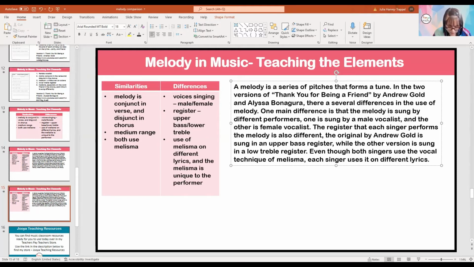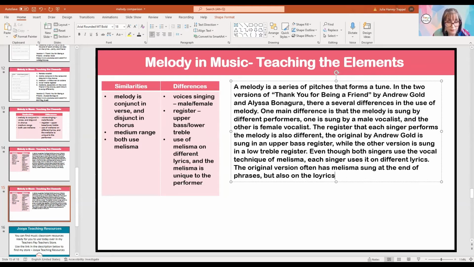Okay, the original version often has melisma sung at the end of phrases, but also on the lyrics. And what was it? I had it up here, lyrics, party and friend.